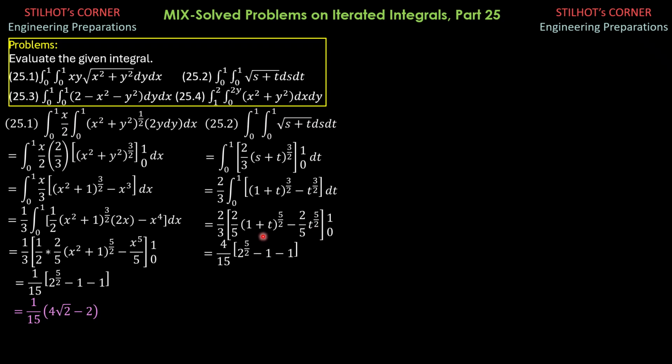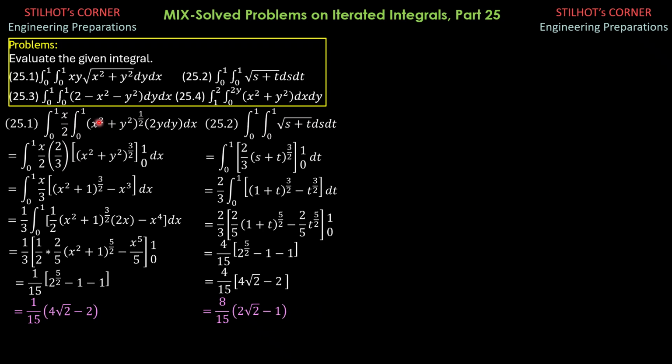Then lower limit 1 to the 5 halves, so minus 1. So this is 4 over 15 times the quantity 4 square root of 2 minus 2. If we factor out 2, then the final answer is 8 over 15 times the quantity 2 square root of 2 minus 1.